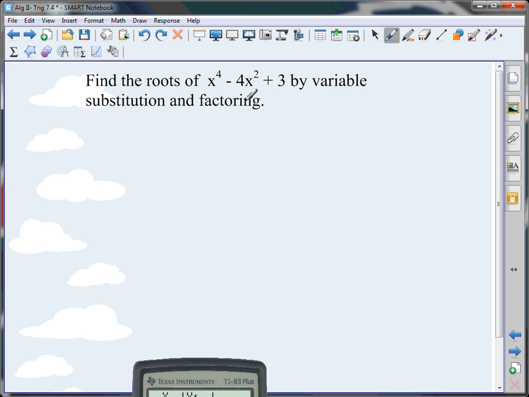How many terms do I have? 3. This is a trinomial, but of degree quartic, 4th degree. This only works for this case. I'm going to let a equals x squared.